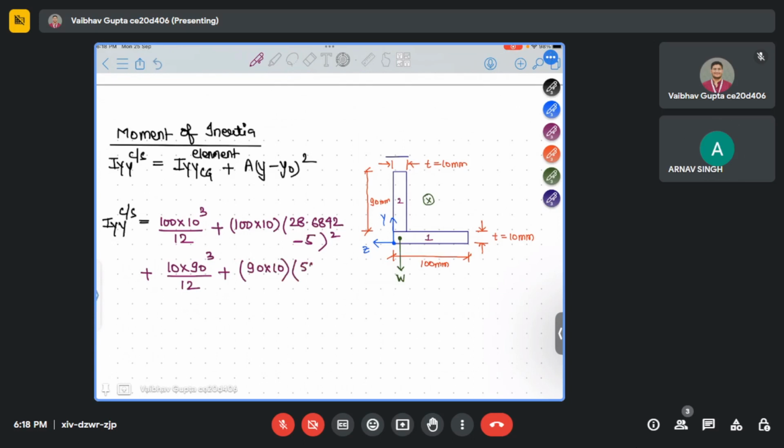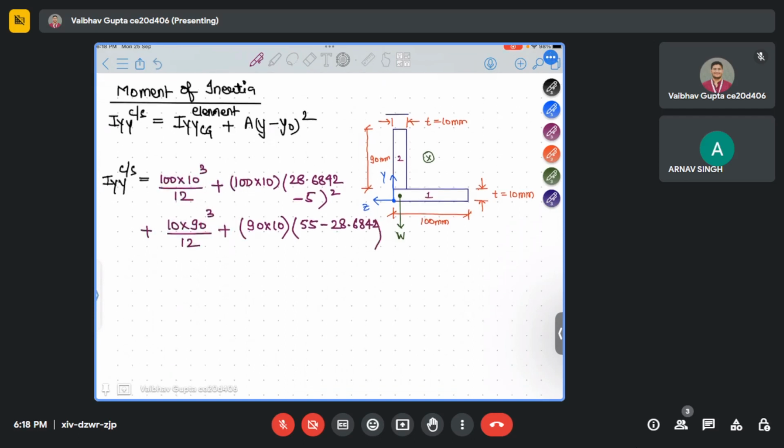It is 55, that is 10 plus 90 by 2, minus the CG we have calculated, whole squared. Any doubt? No, sir.